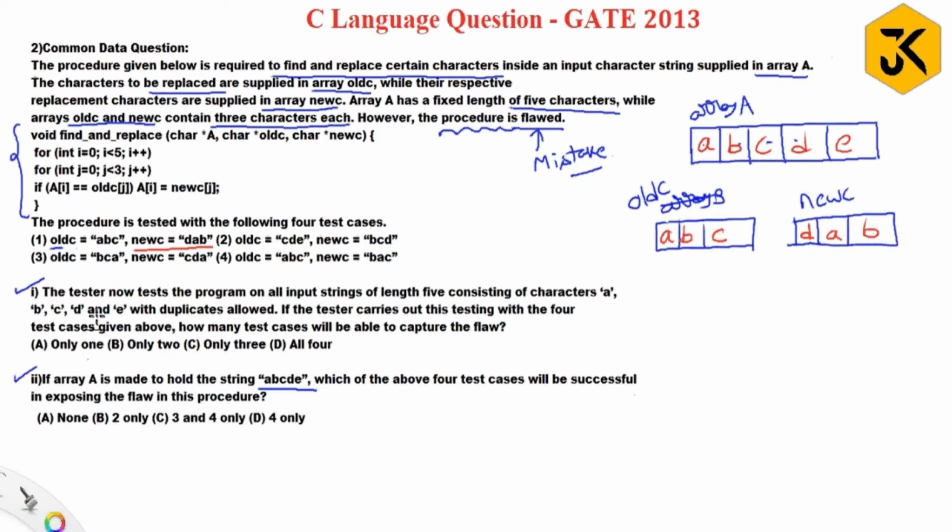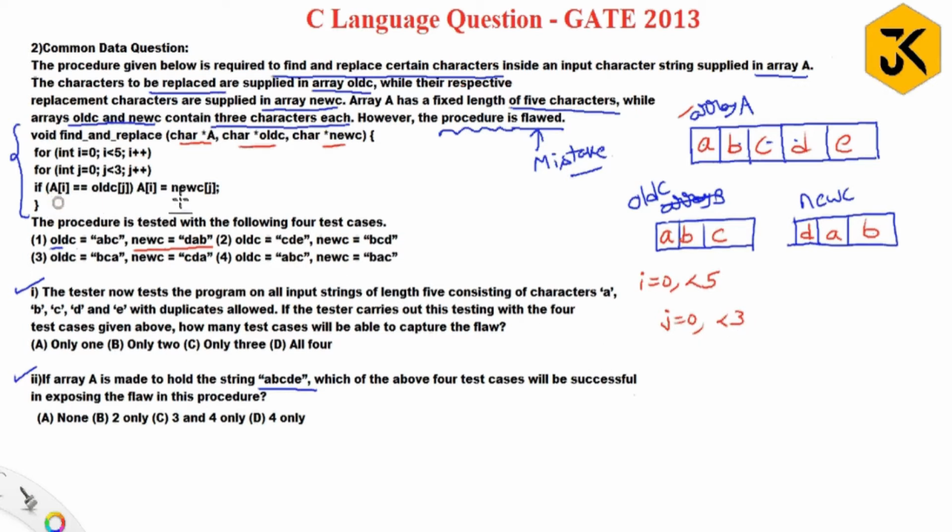Let me try to execute this code. Character star A is going to store this address. This is the oldC array, this is the newC array. For i equal to 0, the iteration goes up to 5. Similarly, j equal to 0, and it will iterate up to the third iteration.